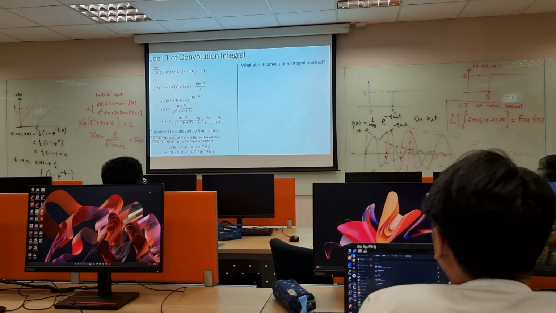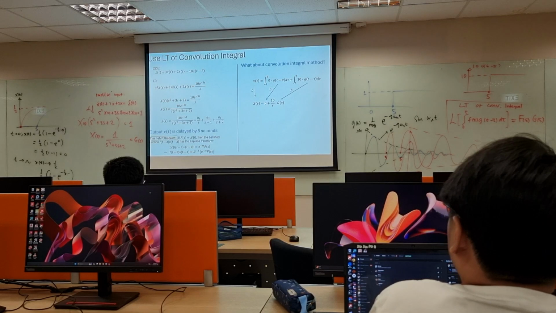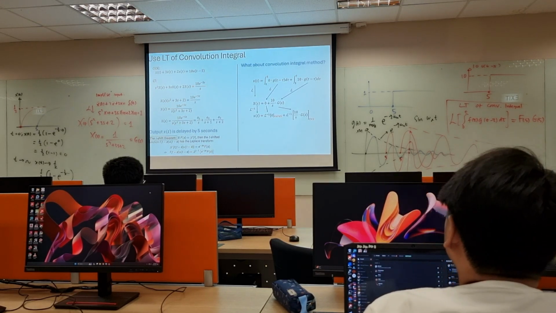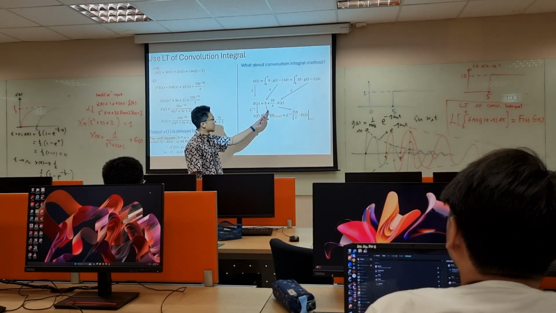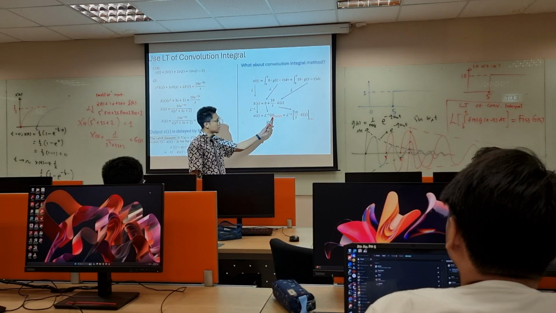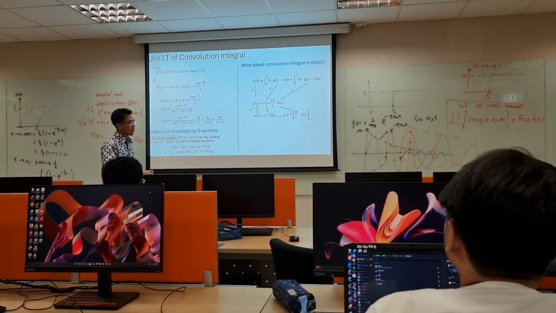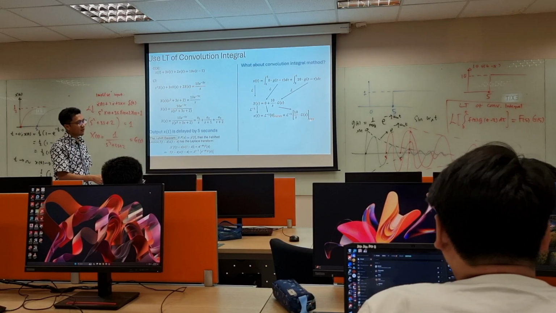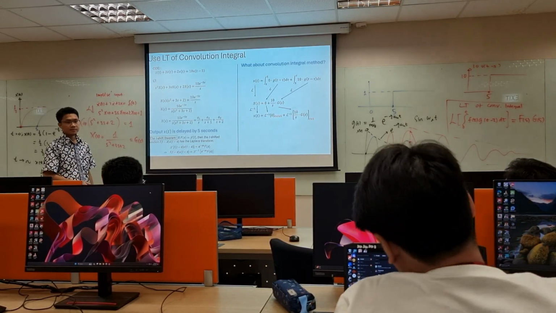And what if we use the convolution integral? Let us continue the previous method. This is 0 from 0 to 5 seconds. Then for t greater than 5, you have to take the inverse Laplace transform of this.